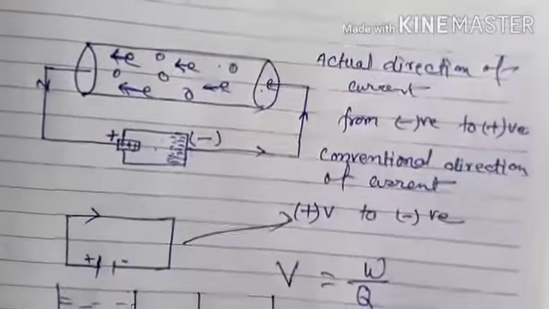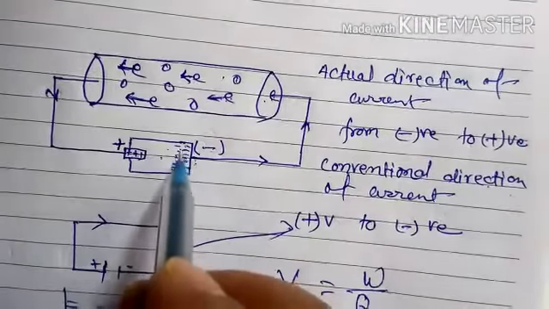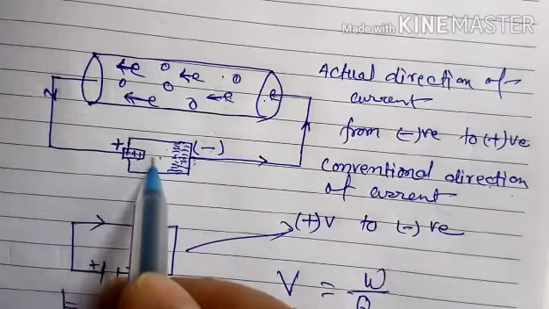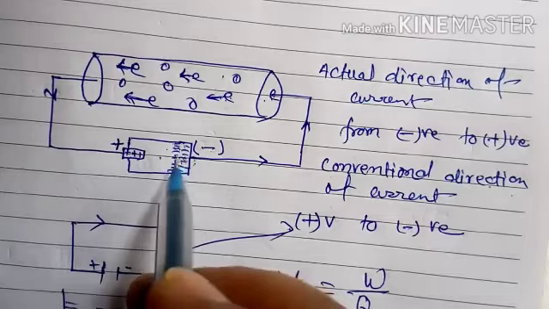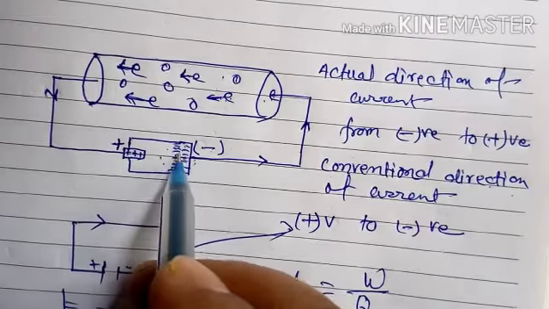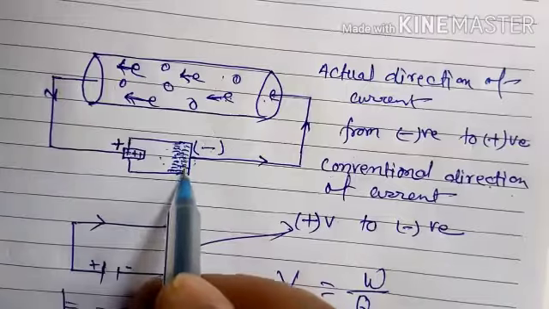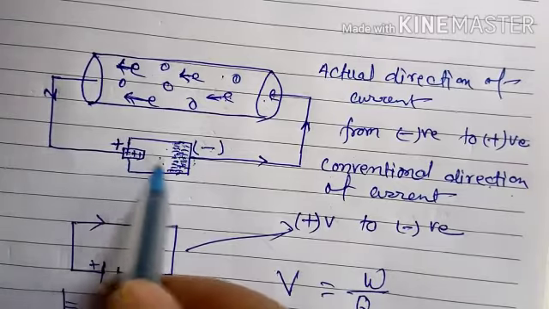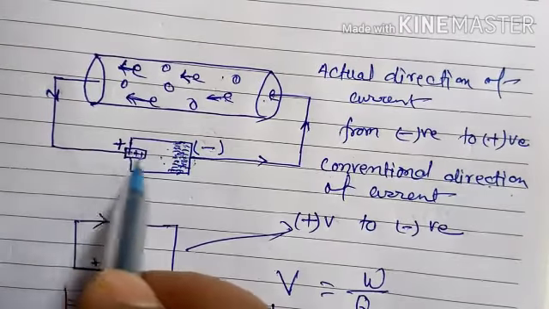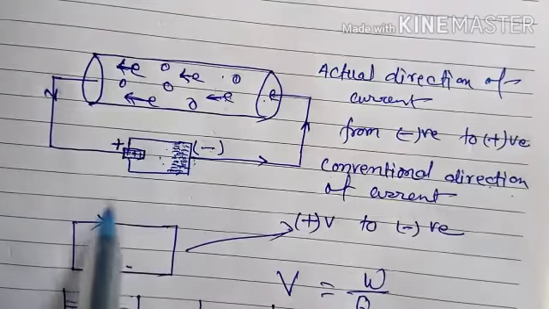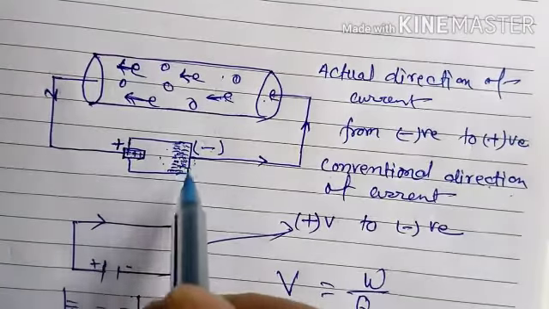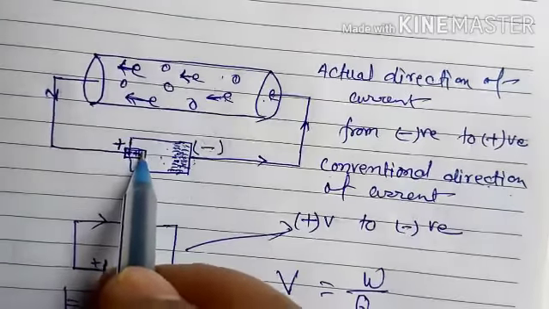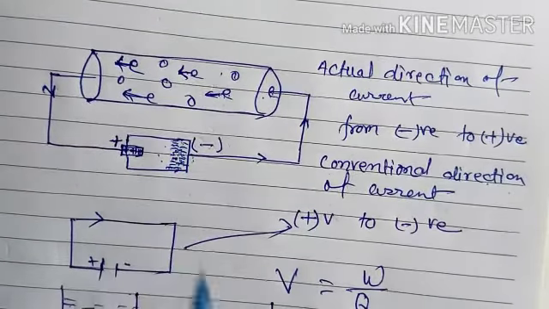In the same way, in a battery or a cell, some reaction takes place inside the cell. Due to the reaction, all the electrons accumulate at the negative terminal, and in the positive terminal there are no electrons. So this is the electron-rich area, whereas the other is the electron-deficient area.